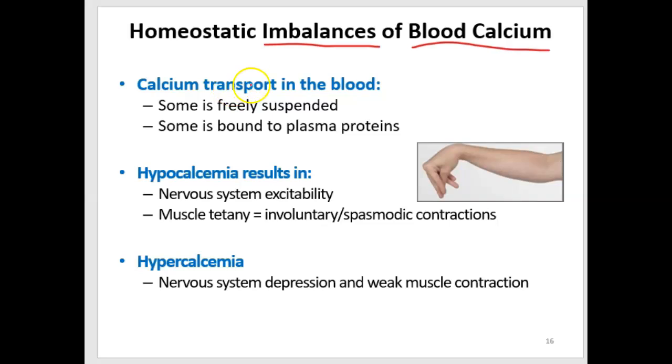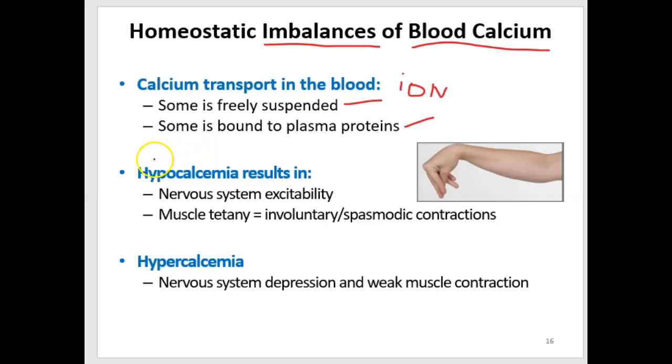So calcium is transported in the blood either freely suspended or bound to some proteins, kind of both. It is an ion, so it can easily dissolve in the plasma, but sometimes it's bound to proteins anyway.